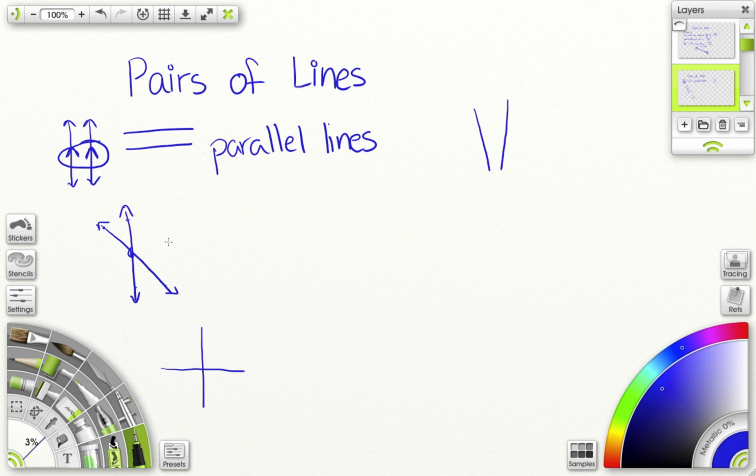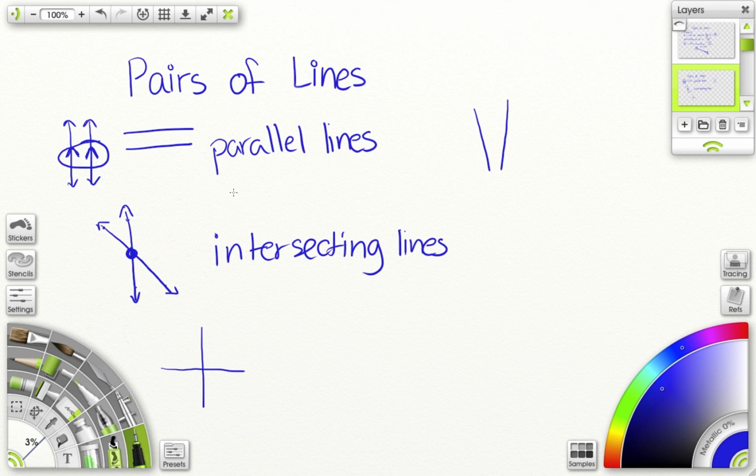These lines right here, where they cross paths and there's a point right here in the middle, are called intersecting lines. So think about an intersection on a road. They cross paths and they have a point somewhere in the middle.